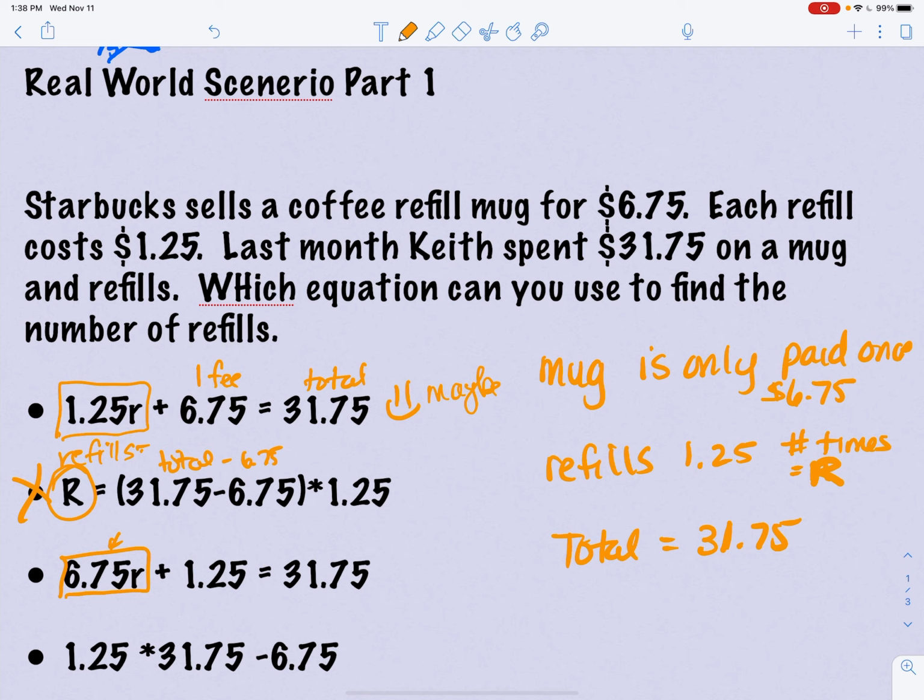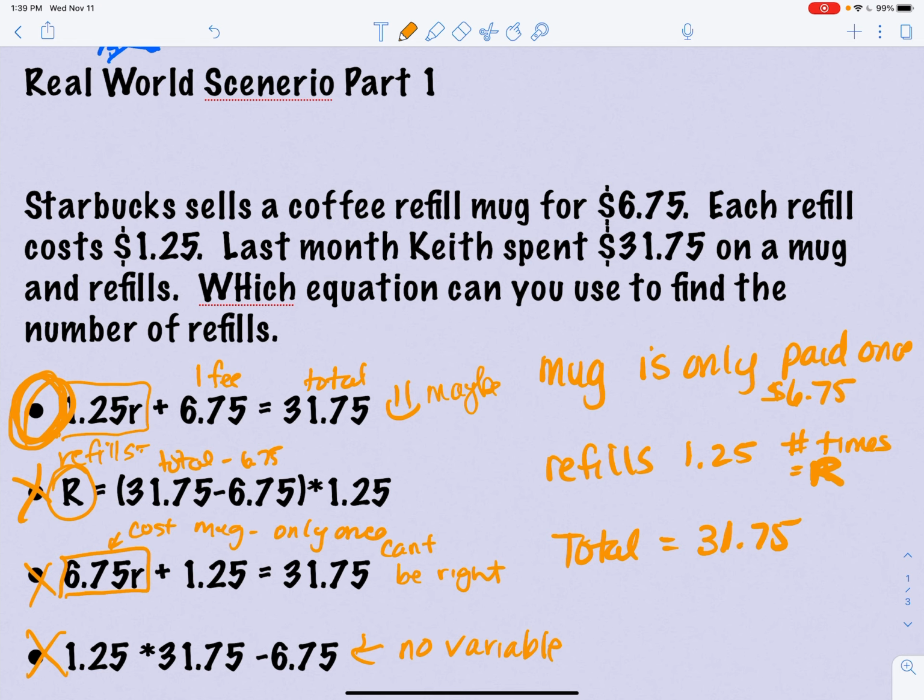But $6.75 is the cost of the mug. You only have to pay that once. So can't be right. This one down here has no variable. So it can't be right. So this one is our correct answer.